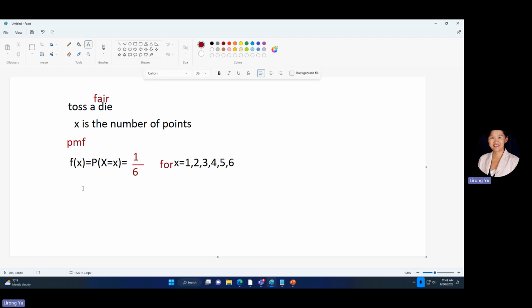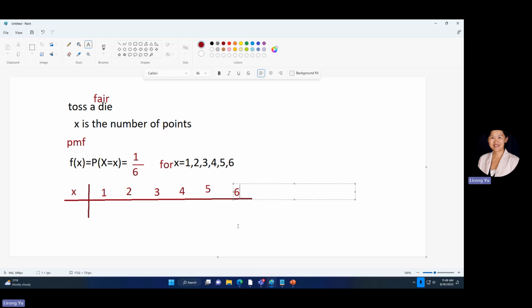So our PMF. You can also derive a table for your probability model. You can see that the x value can take 1, 2, 3, 4, 5, and 6.